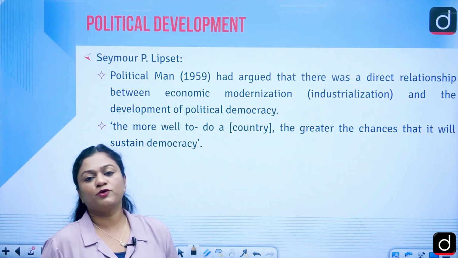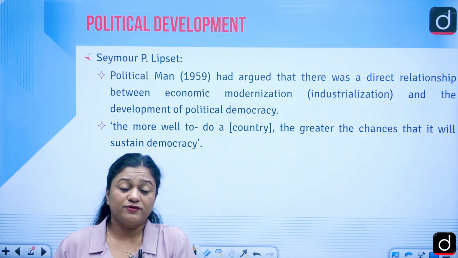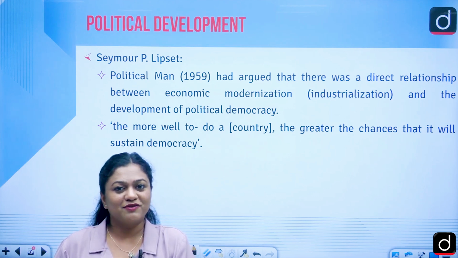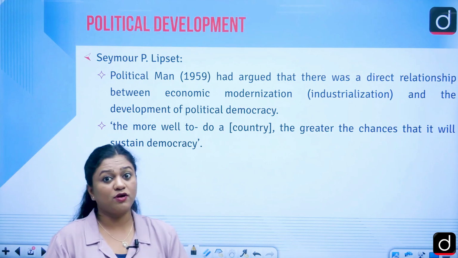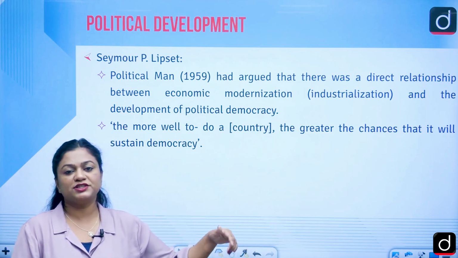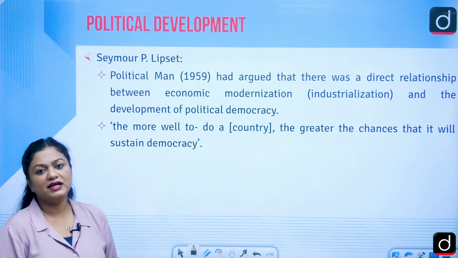It means that both correspond to each other: if you spearhead economic modernization, there will be strengthening of democracy, or the strengthening of democracy will help economic modernization led industrialization. This was the idea propounded by Lipset.